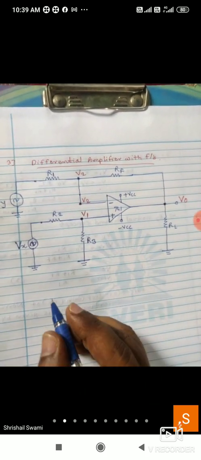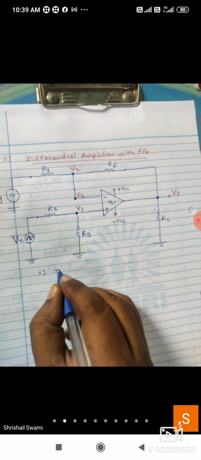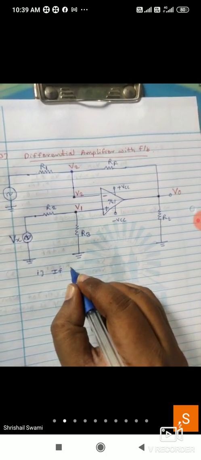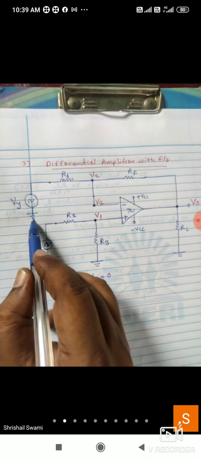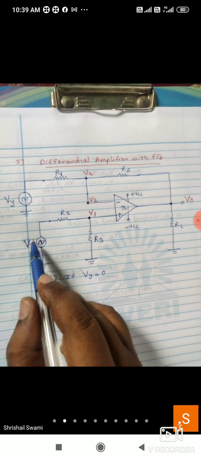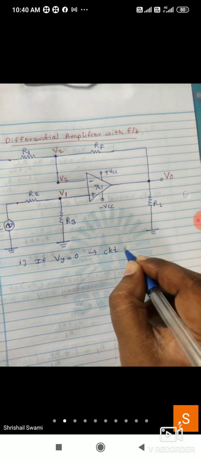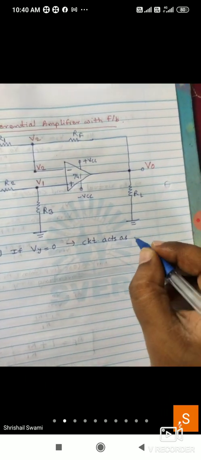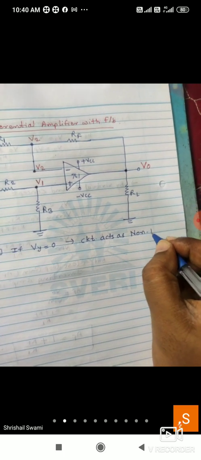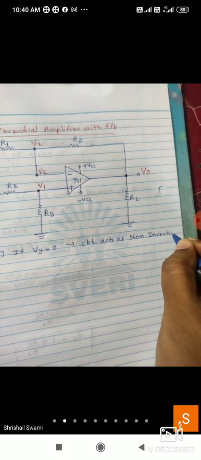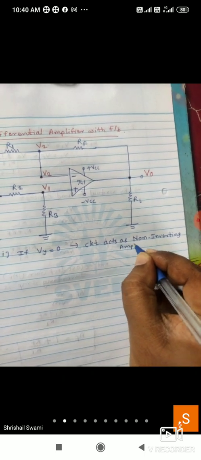Both inverting and non-inverting terminals are present here. If Vy is equal to 0, meaning there is no input and it is connected to the ground, then only Vx is present, connected at the non-inverting terminal. So if Vy is equal to 0, the circuit acts as a non-inverting amplifier.